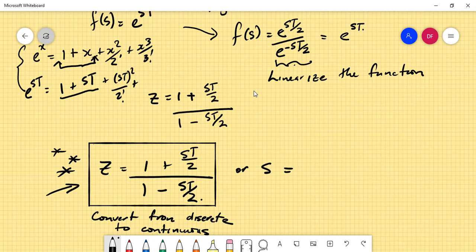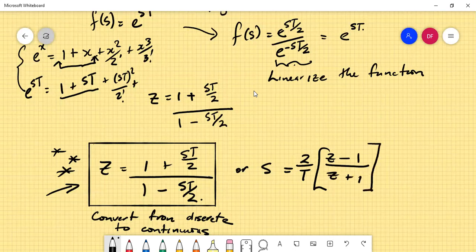Okay, so this one here says s is 2 over t, z minus 1 over z plus 1. So if we are to convert, I will soon do an example.